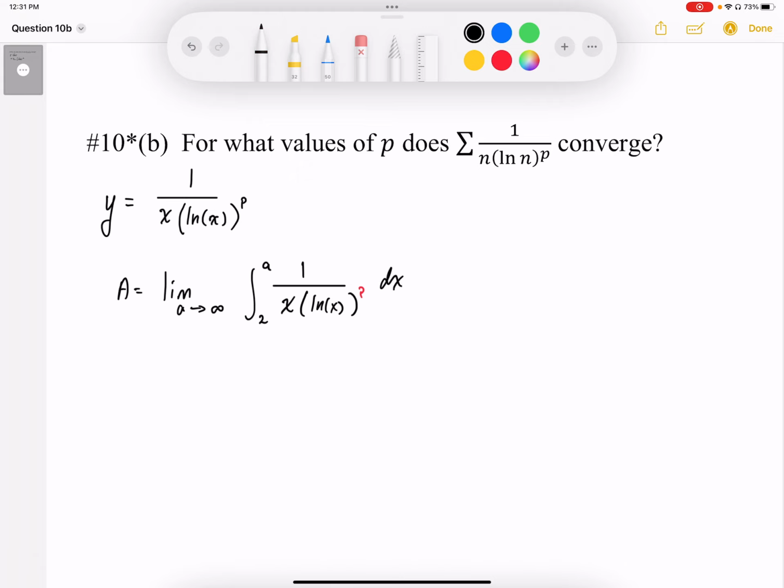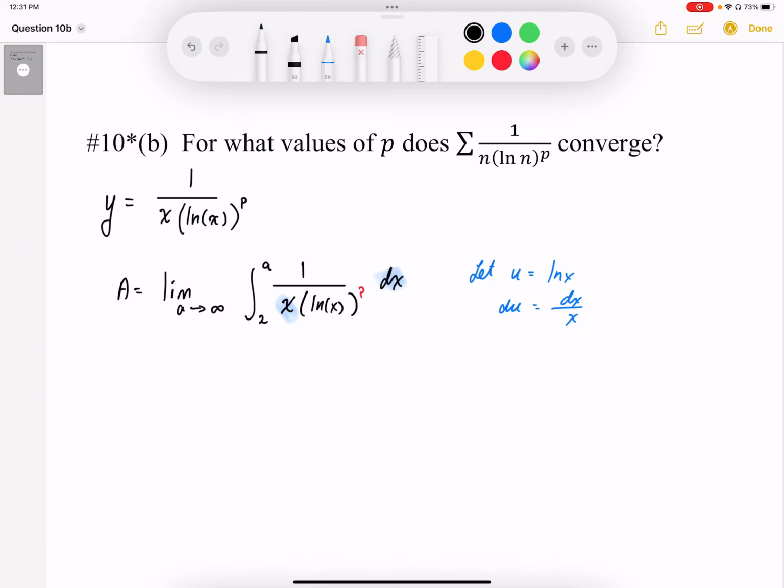I'm going to let u equal log x, and then du works out to be dx over x. We can see that we have the dx over x to be able to get rid of all the x terms in this limit.